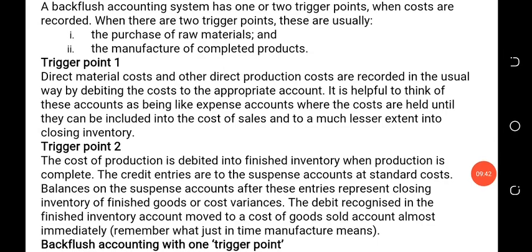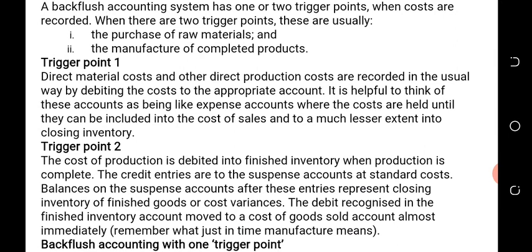It is helpful to think of these accounts as being like expense accounts where the costs are held until they can be included in the cost of sales, and to a much lesser extent into closing inventory.